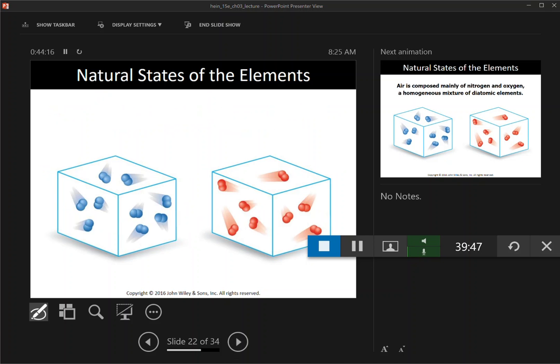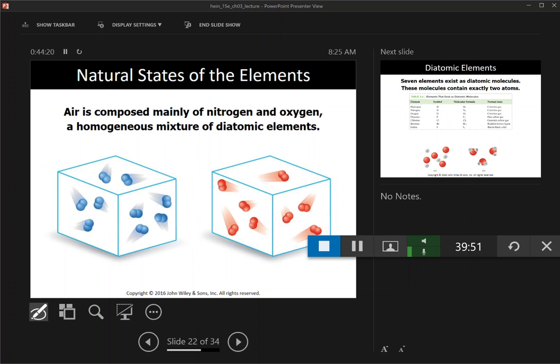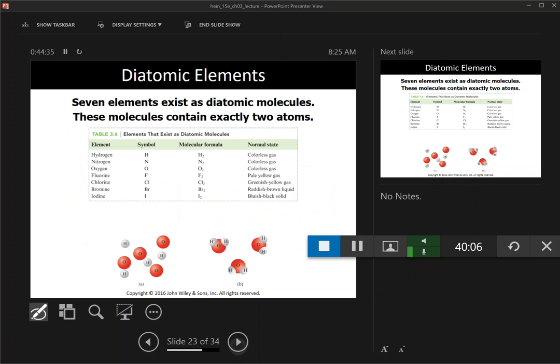Now, an example of a mixture of elements is air. Air is mainly composed of nitrogen and oxygen. Air is a homogeneous mixture of different gases. So just to show you what gases we find in the air that we breathe, there are traces of other gases in the air.